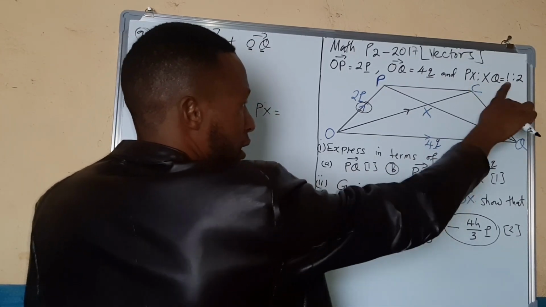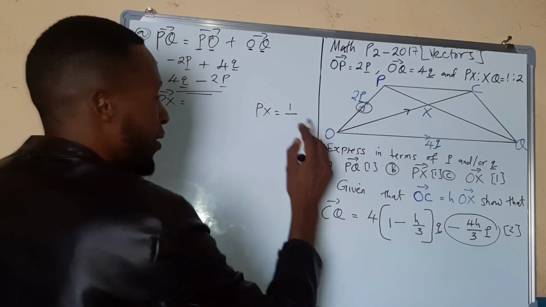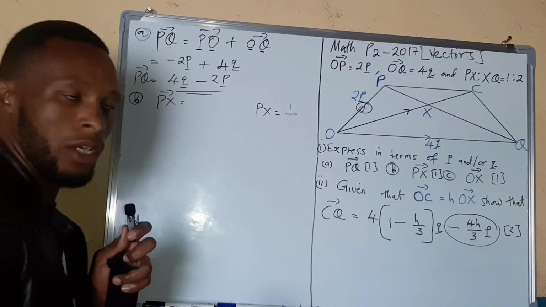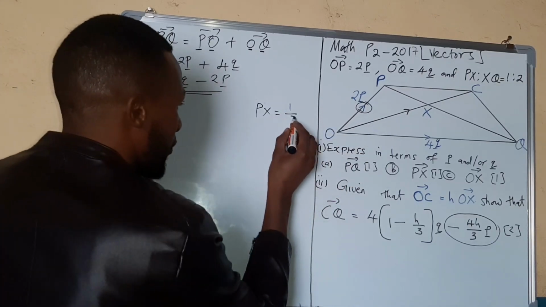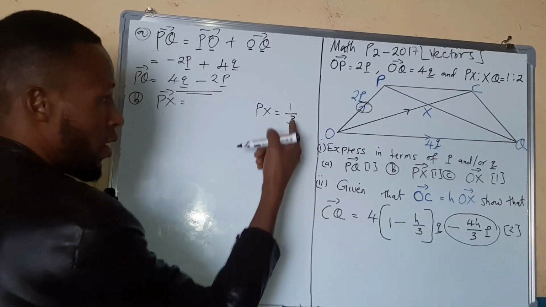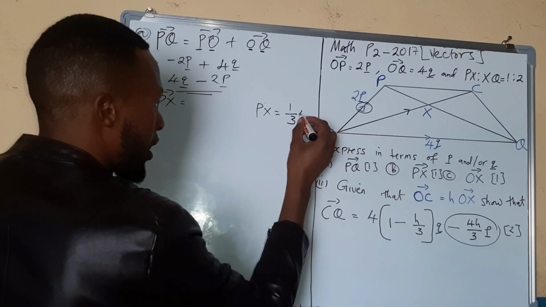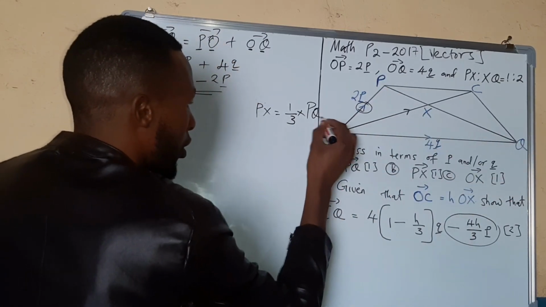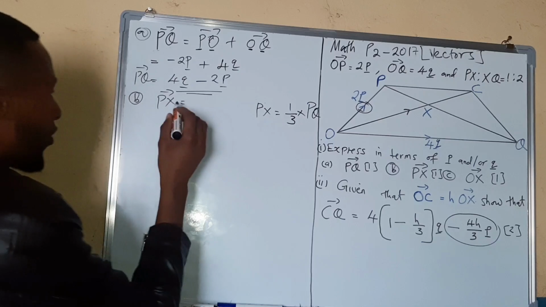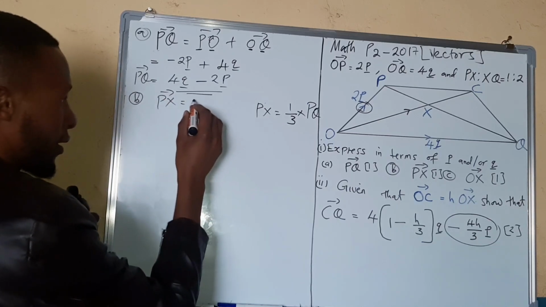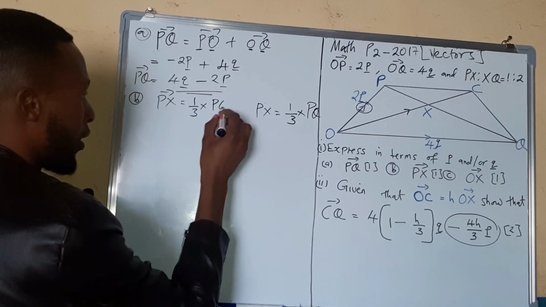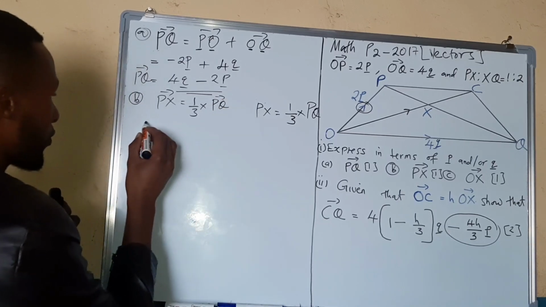The value for PX on the ratio is 1, divided by the complete line, which we get by adding the numbers in the ratio. So 1 plus 2 is 3, meaning PX is 1 over 3 of the complete line, which is PQ. To find vector PX, I say 1 over 3 multiplied by vector PQ.